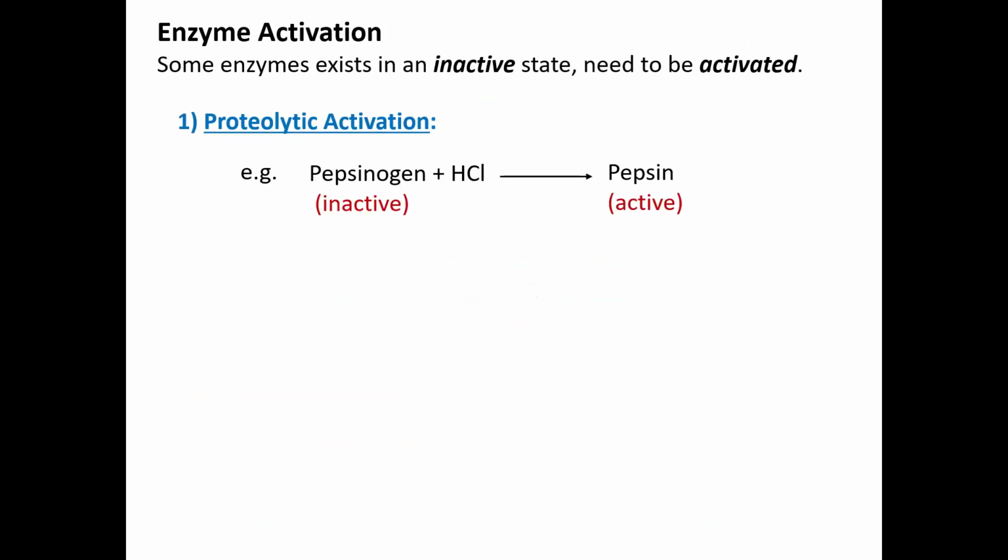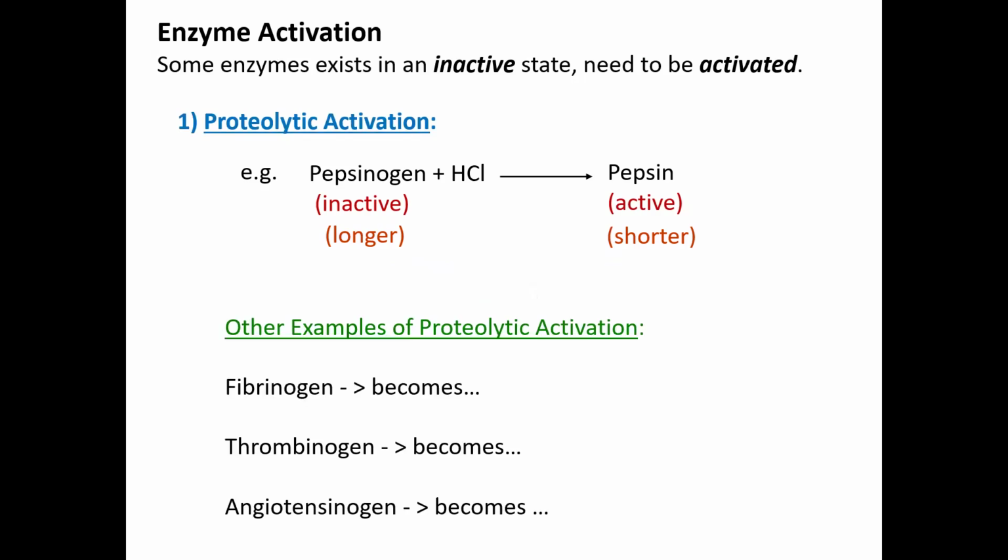We have proteolytic activation, whereby you have pepsinogen that is inactive and gets converted to the active form, which is pepsin. Pepsinogen is longer in terms of the chain, and you have a shorter form of it as pepsin.